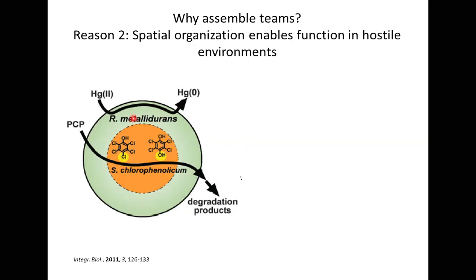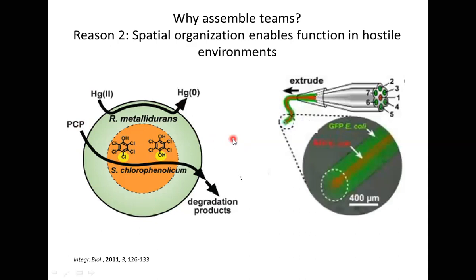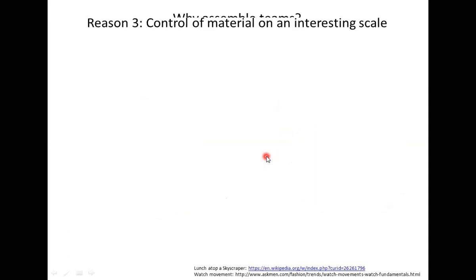The R. metallidurans does not oxidize PCP, and the S. chlorophenolicum is killed by the mercury 2. The method they used to do this was an extruder. So they essentially had a bunch of teeny pipes with one in the center, and they just sprayed this at a target, and you wound up with this sort of structure. All right, so that's another reason why you might want to organize bacteria.